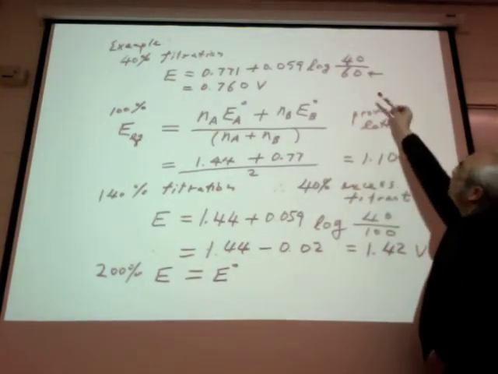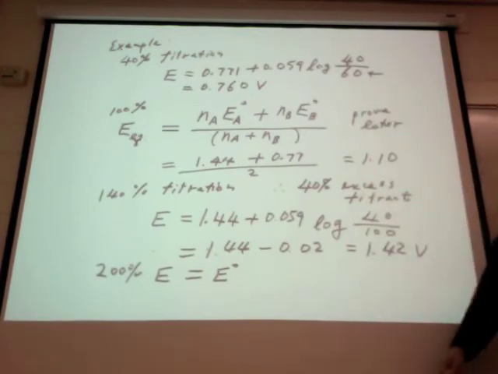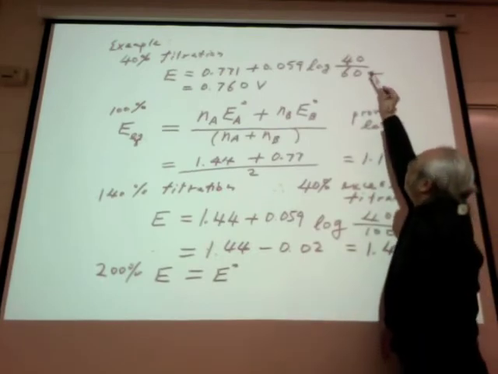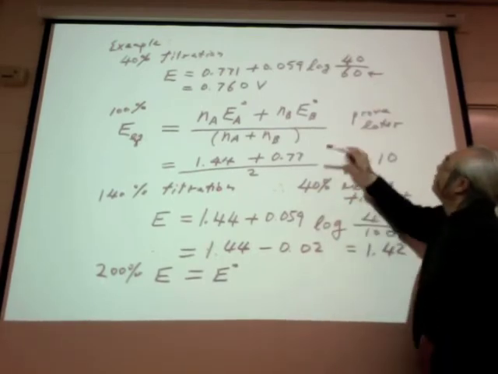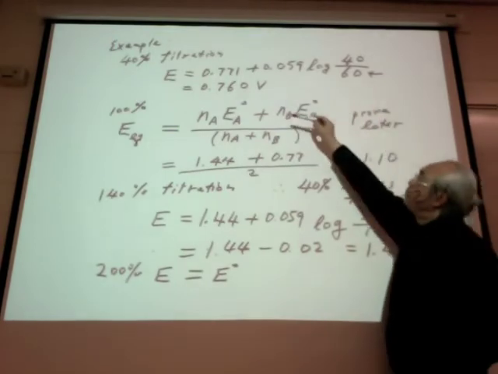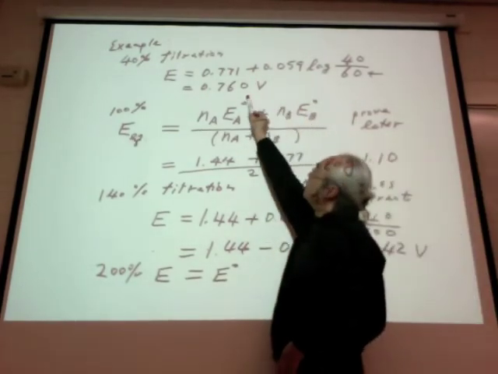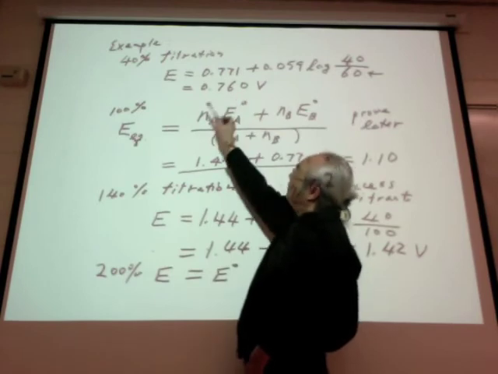So at 40%, you're going to have 40 over 60 between the 2 iron species. Out of 100 iron, 40 becomes the 3+, and 60 is still left behind as 2+. So the oxidized over reduced, and with that you can calculate the corresponding potential to be equal to that.